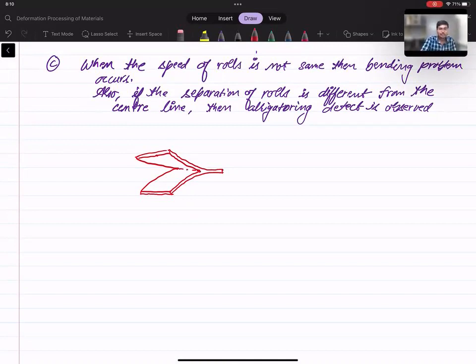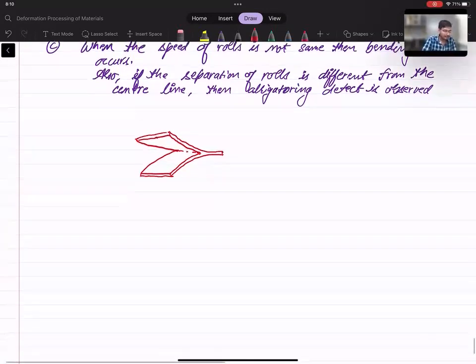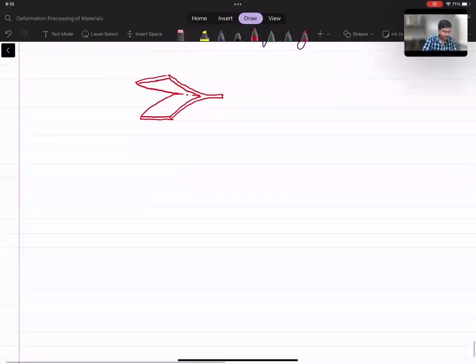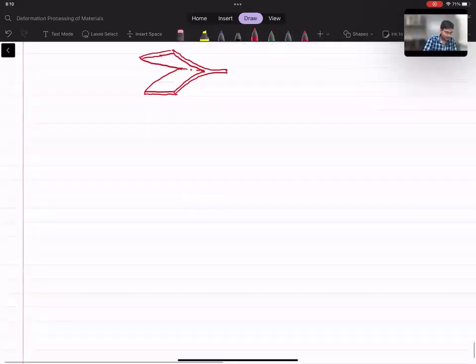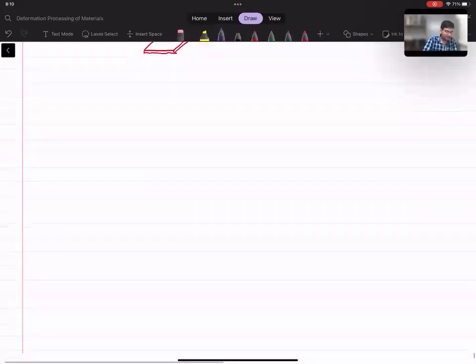This is the alligatoring defect which is observed in this particular condition. Okay. So let us see the next type of defect.